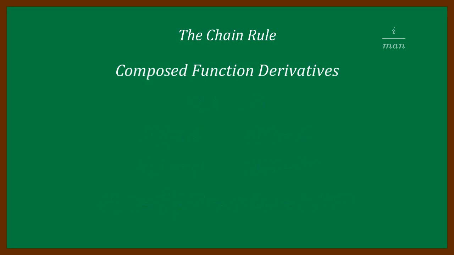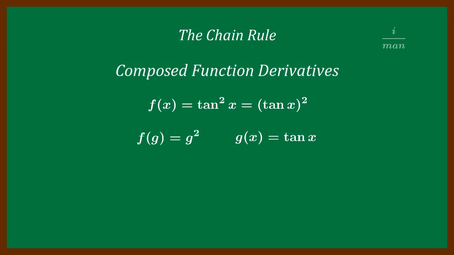Now, a final example. Suppose we have the function f of x equals tan squared x, which is the same as tangent of x squared. Then the inner function is tangent of x, and the outer function is g squared.